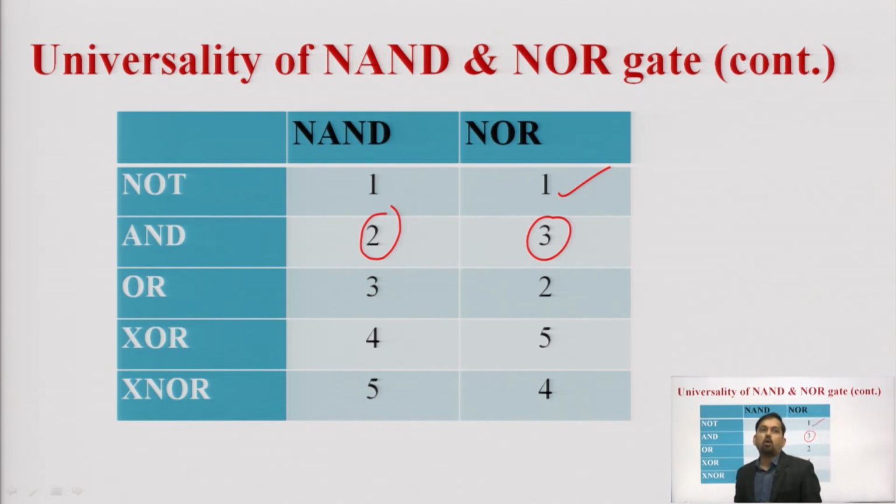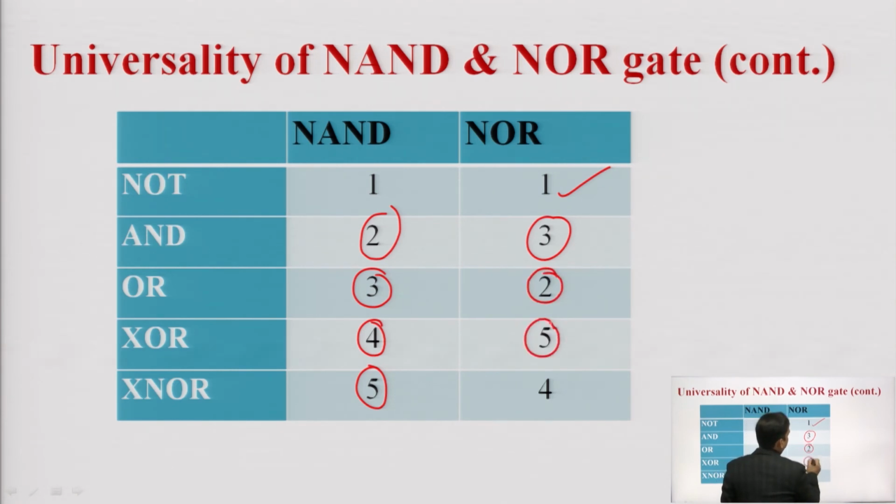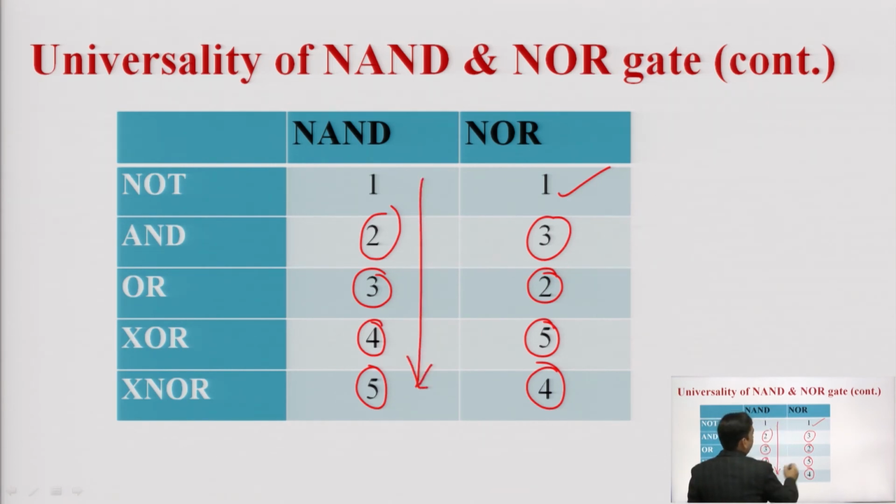Similarly, for OR gate, XOR and XNOR we required 3, 4, 5. Similarly, for NOR we required 2, 5, 4, something like this. So I think this is quite easy to remember. Here we can see directly 1, 2, 3, 4, 5. Here we can say 1, 2, after that 3, after that 4 and 5.